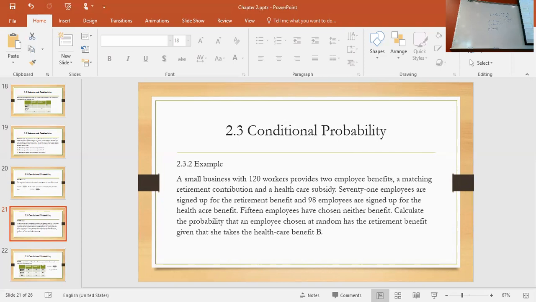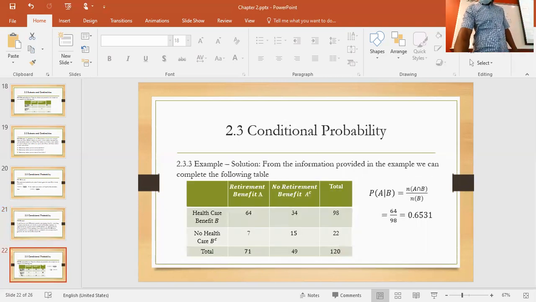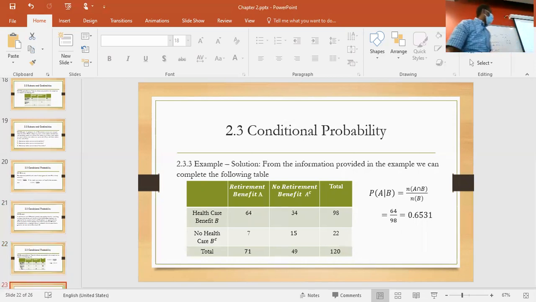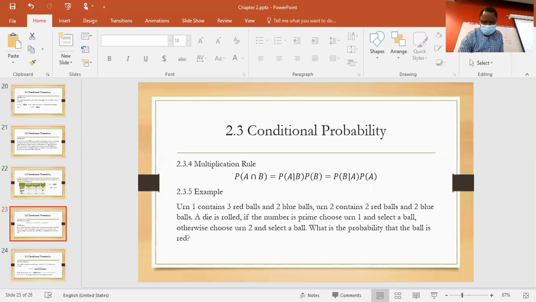So from the formula of conditional probability, we can develop what we call the multiplication rule. Addition rule was used for union. The multiplication rule is used for intersection.